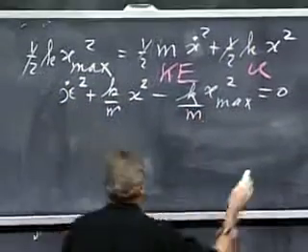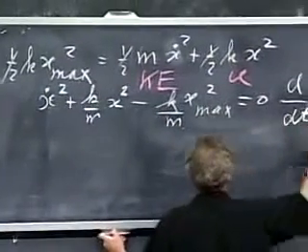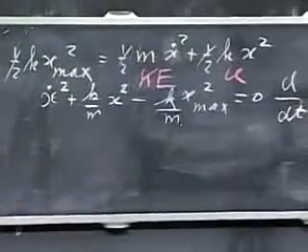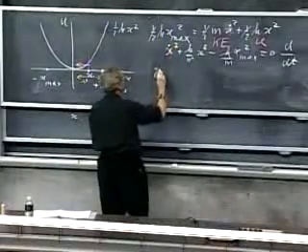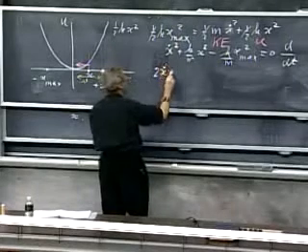And now what I'm going to do, I'm going to take the time derivative of this equation. And now you'll see something remarkable falling in place, just for free. I take the derivative versus time. That gives me a 2 x dot, but I have to apply the chain rule.